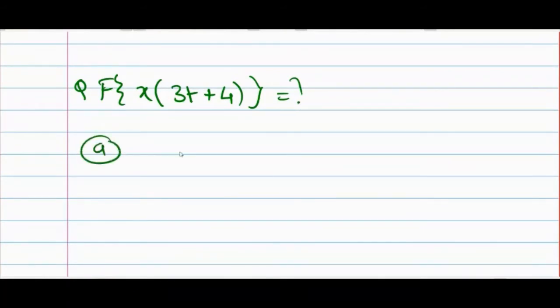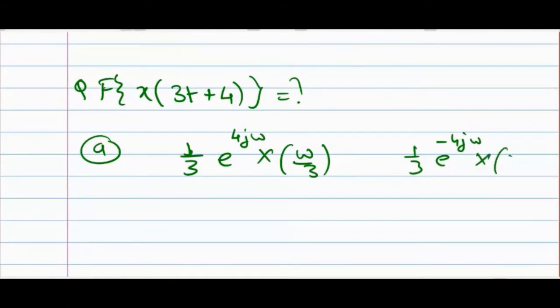Next, tell me the Fourier transform of x of 3t plus 4. I will write the options. 1 by 3 e raised to power 4j omega x of omega by 3. 1 by 3 e raised to power minus 4j omega x of omega by 3. 1 by 3 e raised to power minus 4j omega by 3 x of omega by 3.